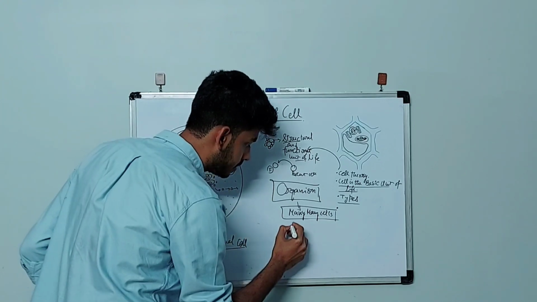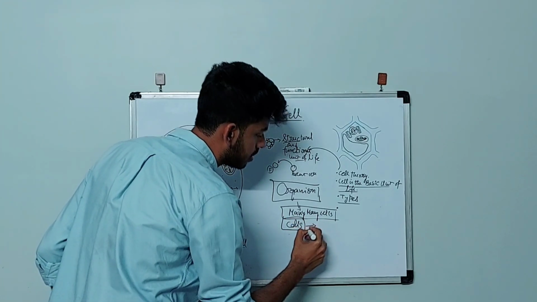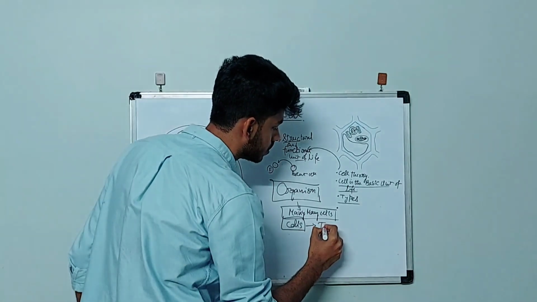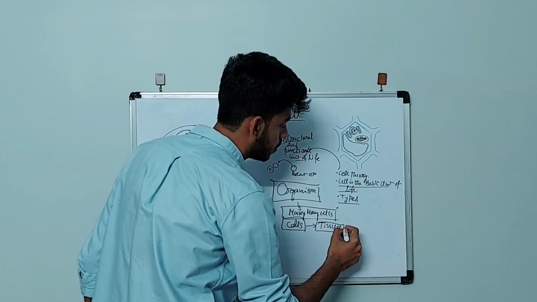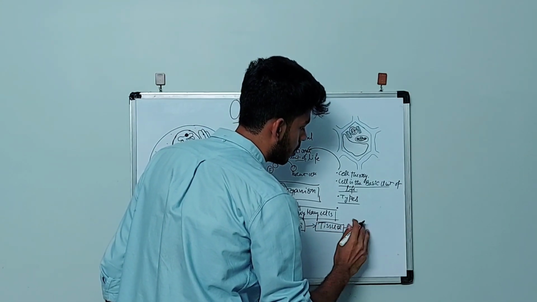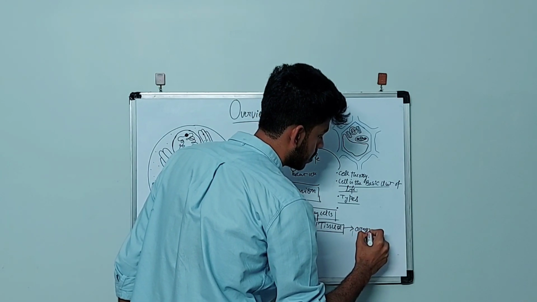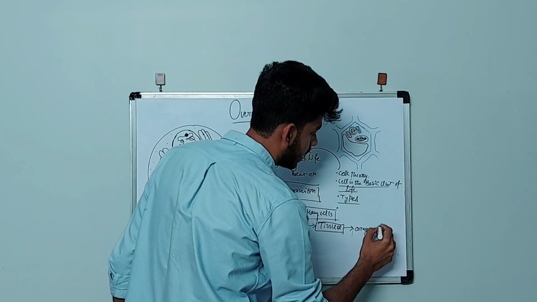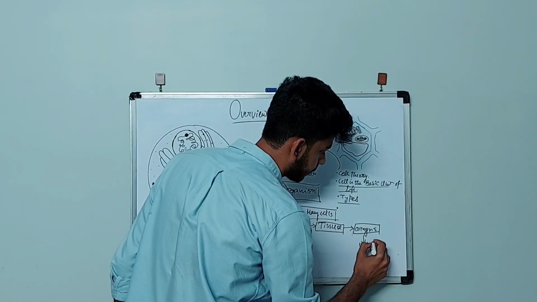So let me write. Cells usually make or form tissues. Tissues usually form organs, and many organs form the whole body.